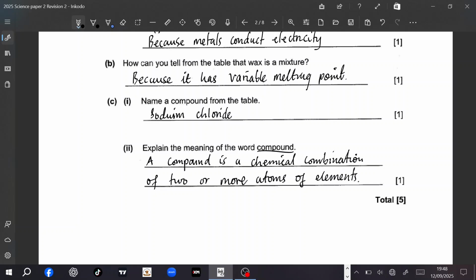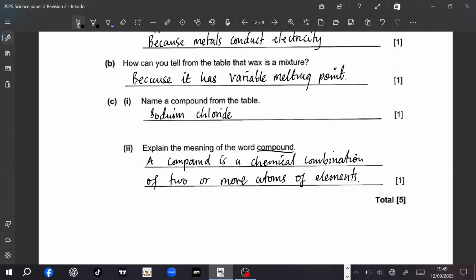Compounds are usually formed when there is chemical combination where one atom and another atom combine so that they form a new substance. This new substance which is formed has different properties from the individual atoms of elements it is formed from.